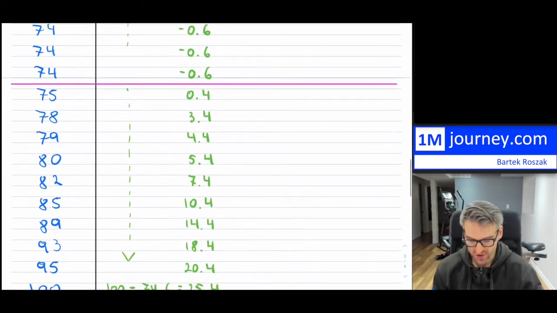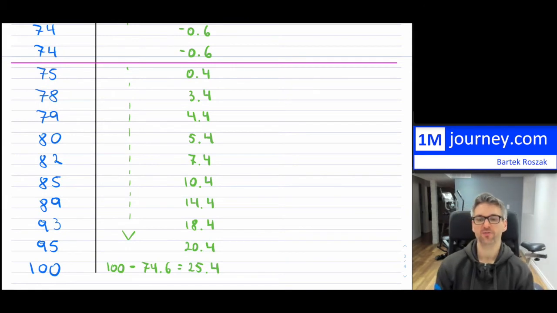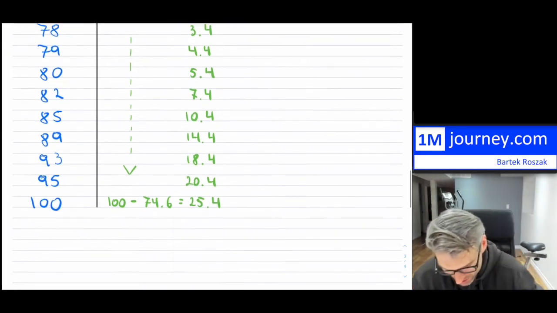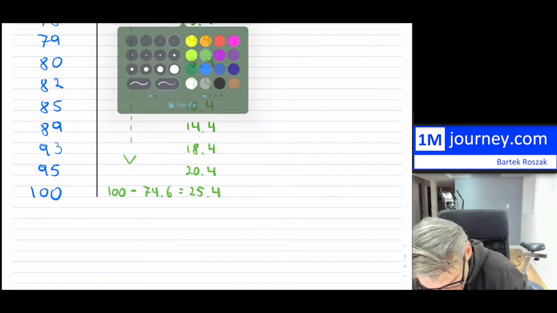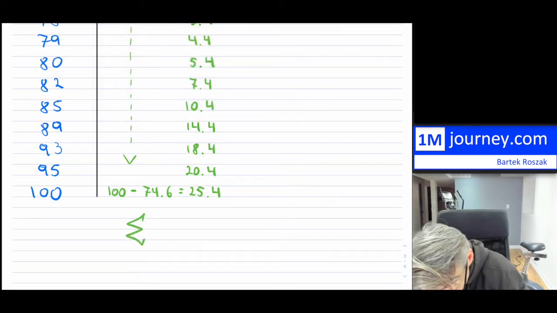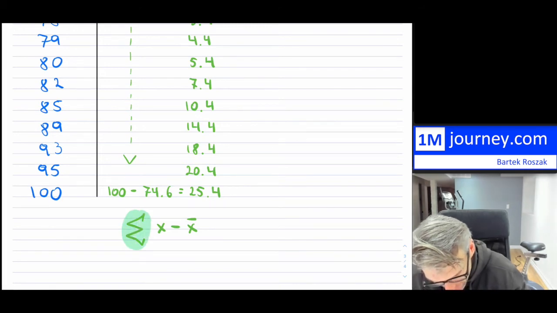Now, what is interesting is that if you would add up your entire deviation, so if I take all of these values, this symbol right here means the sum of all my deviations. So I'm going to be adding all of these up.